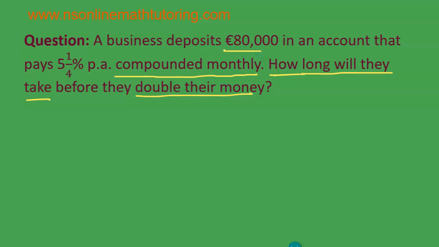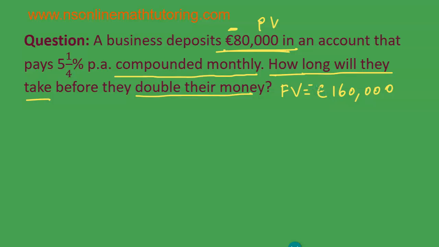They are investing 80,000, so this is the PV and it will have the minus sign because it is an investment. The future value will be double, that is euros 160,000.